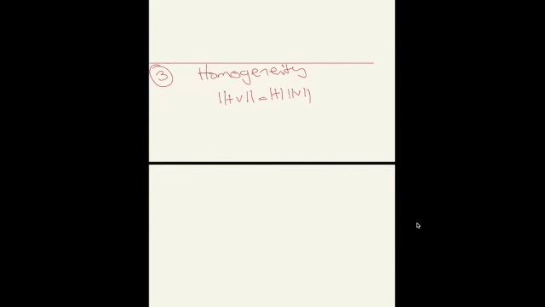So homogeneity: the norm of t times v is equal to the absolute value of t times the norm of v. So for this proof, let t be a real number, let v be a vector. Well, if we take the left-hand side, this is the square root of the sum i equals 1 through n of (t times vi) squared.